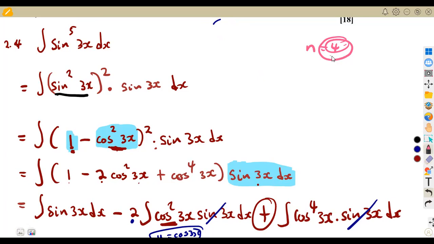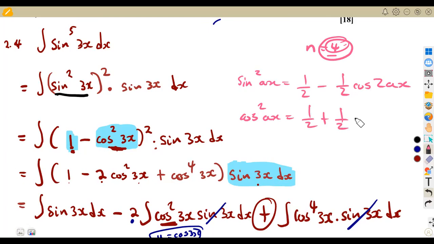So mostly when n is equal to 4, we are going to use this identity. Sine squared ax is equal to a half minus a half of cos 2ax. If it is a cos, it is going to be cos squared ax is equal to a half plus a half of cos 2ax. I explained these identities in the introduction.